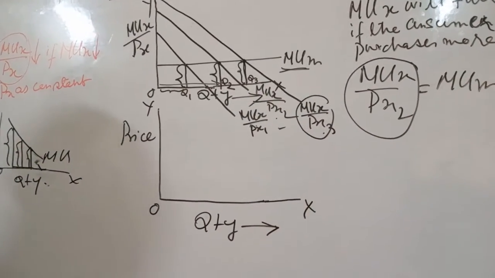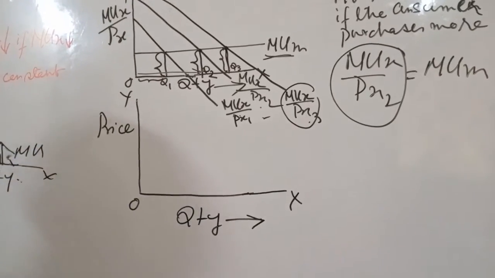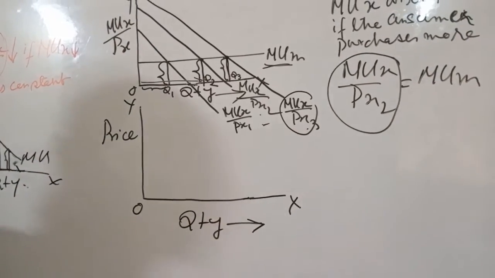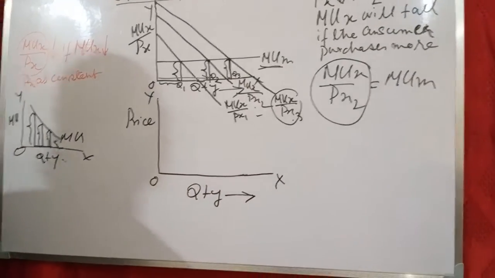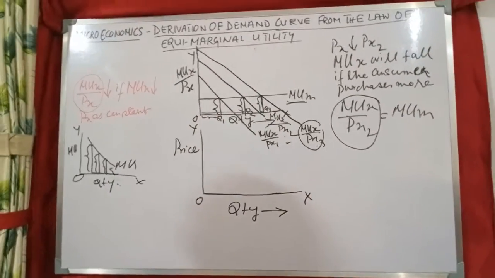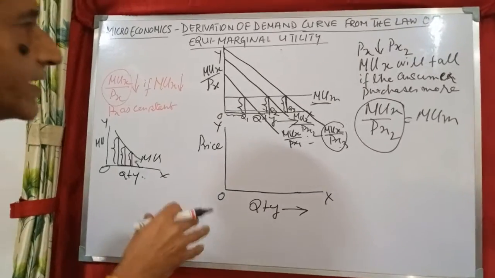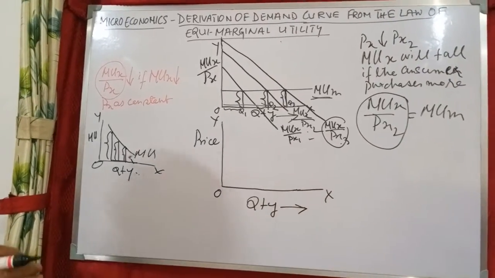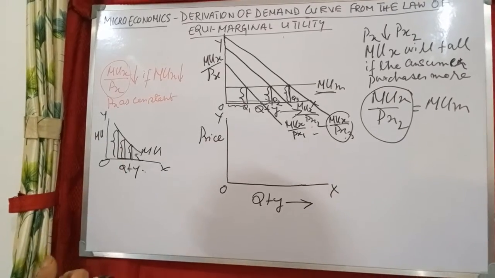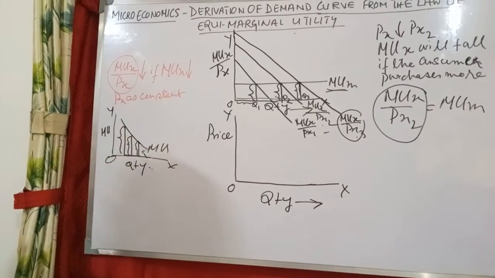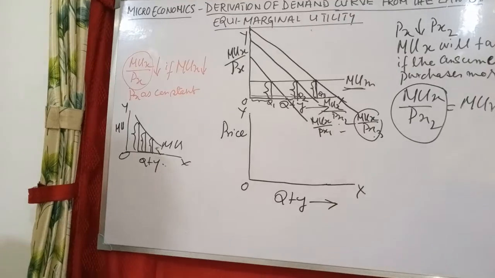That is what we require in constructing the demand curve, because demand curve shows the different coordinates of prices and quantities as price of a commodity changes, and as a result quantity demanded for it changes.